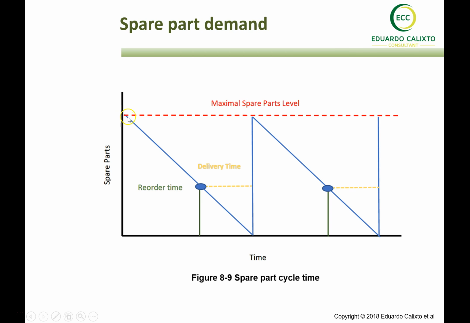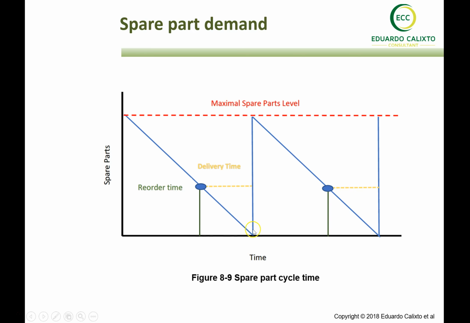What makes the level of spare parts reduce along the time is the demand for the spare parts. We have some demand that starts to reduce the spare parts level, and after this period we need to know exactly the reorder time to avoid the spare part reaching zero.